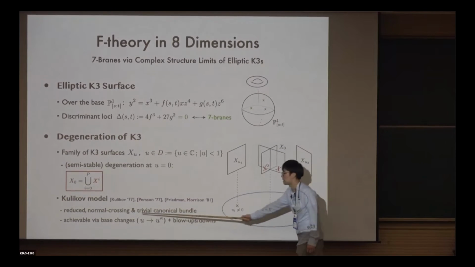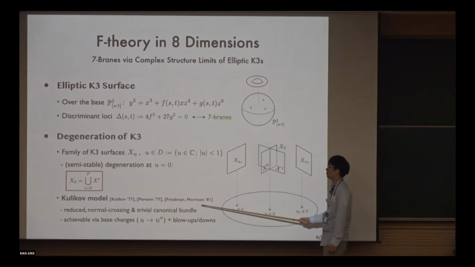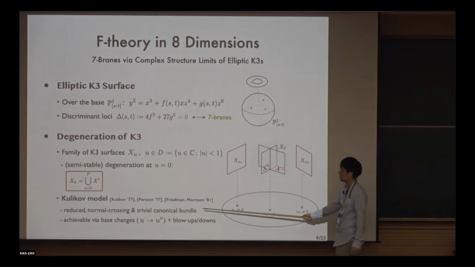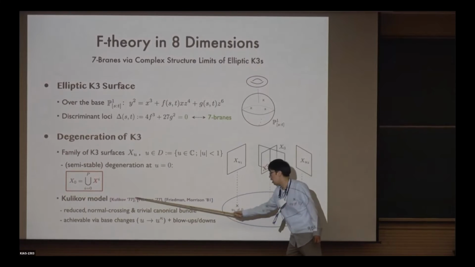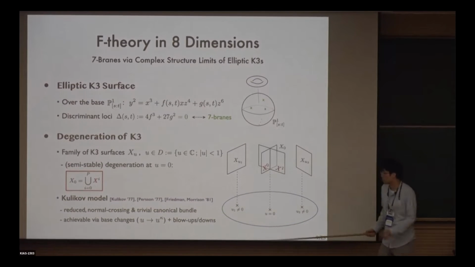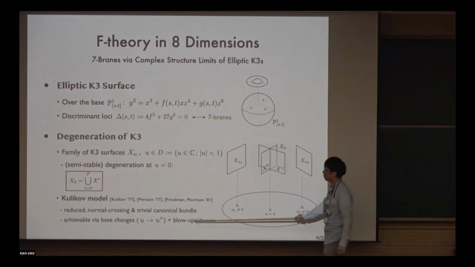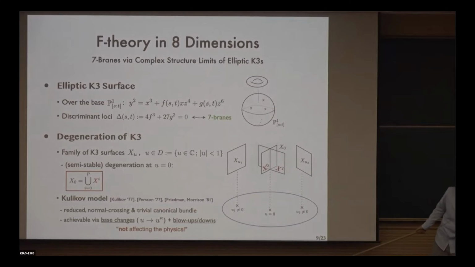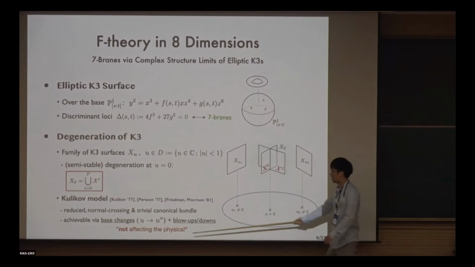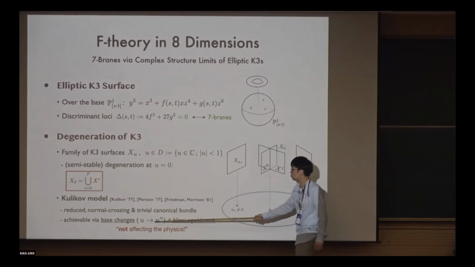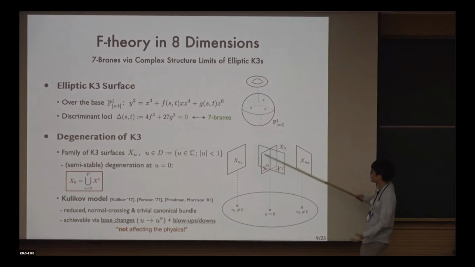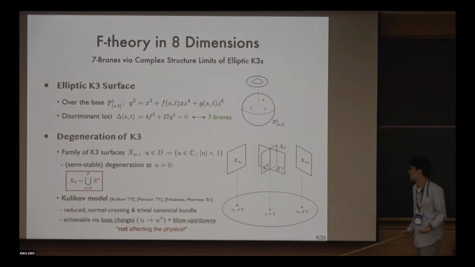So these are some mathematical criteria for a degeneration to be called a Kulikov model. But let me just point out that these properties can be satisfied by going through certain operations which actually do not affect the physics. So via the base changes, which turn u to some positive integer power, what we are doing is essentially to approach the central element more gently, nothing more than that.